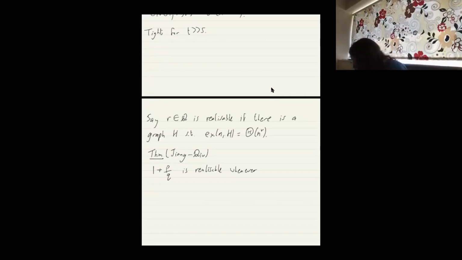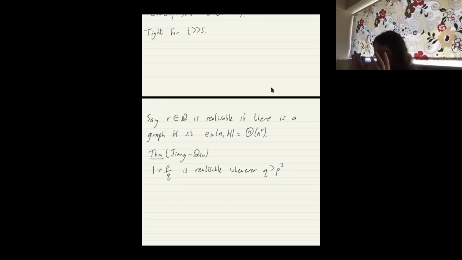Let me just check my notes. Yeah, whenever Q is larger than P squared. So quite a few exponents are known to be realizable, but the conjecture is still quite widely open.